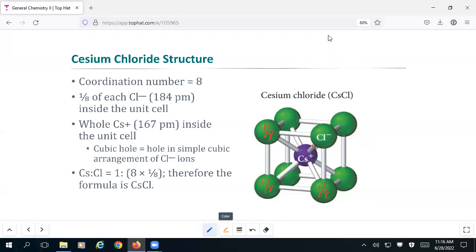That doubling in the size of cesium almost makes it very difficult. It can't fit into those octahedral holes. The only holes that it can fit into are the cubic holes, which is why it forms this body-centered kind of orientation.